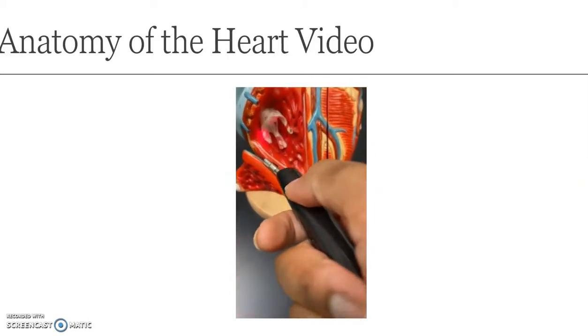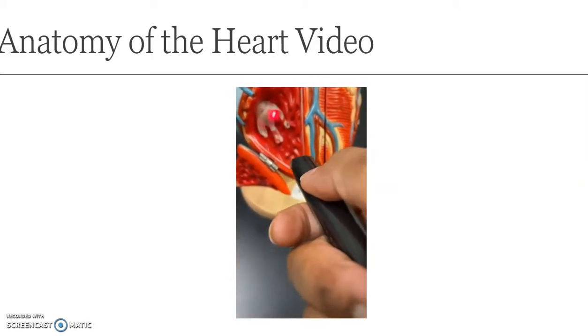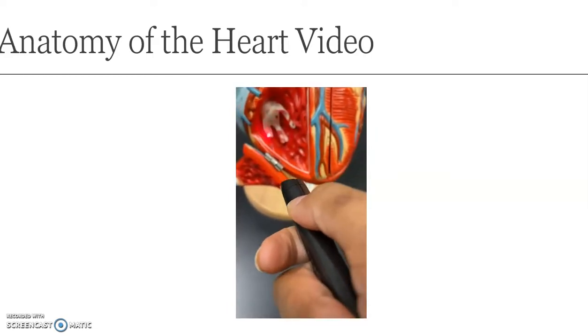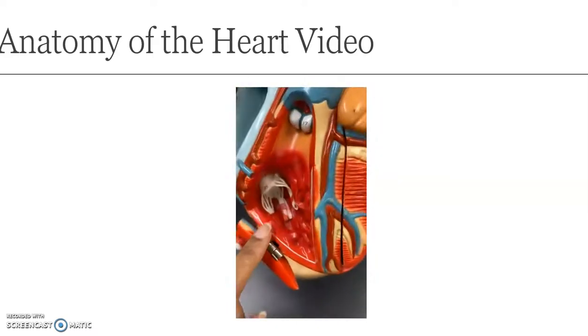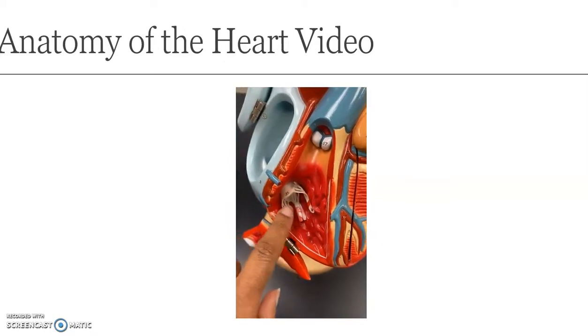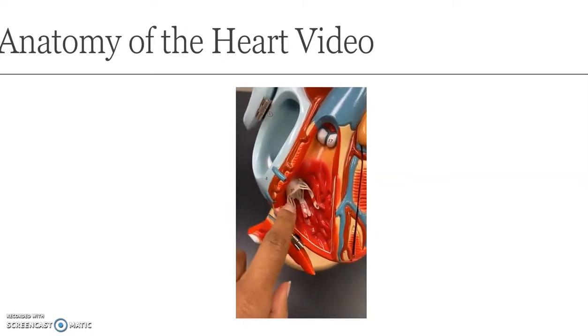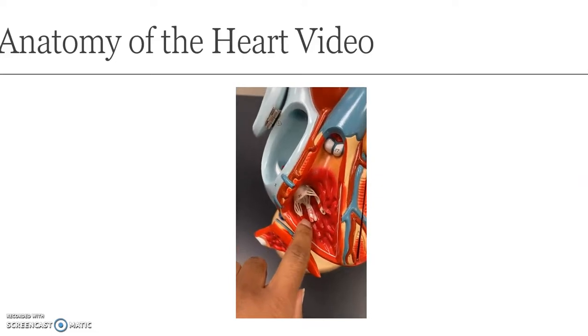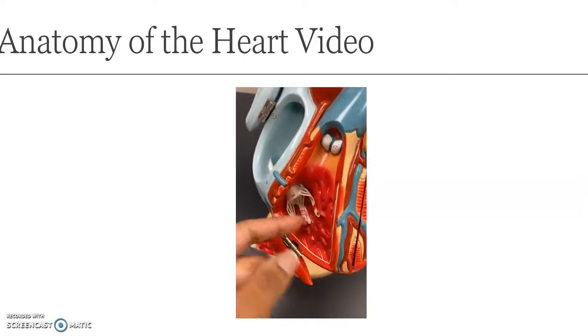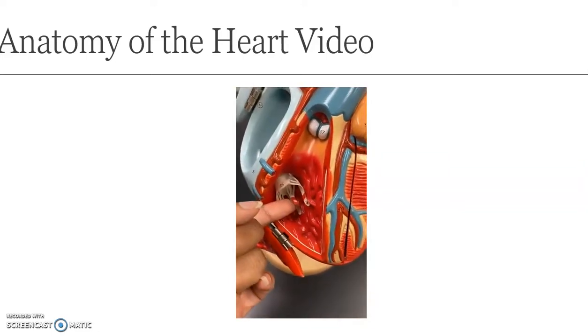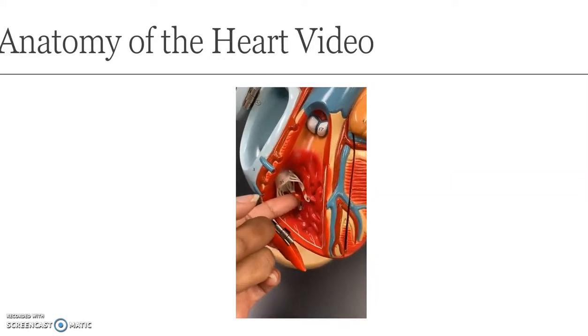Okay, these structures, the strings, are called chordae tendineae, and the little flap at the very end of the chordae tendineae is going to be called the papillary muscle.